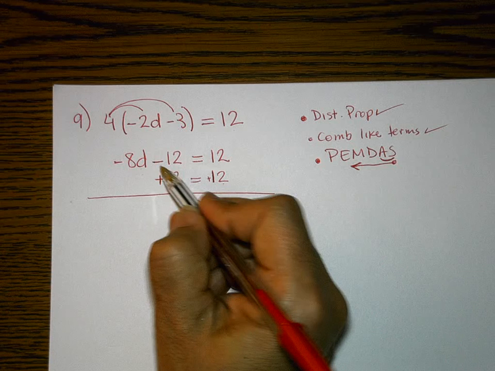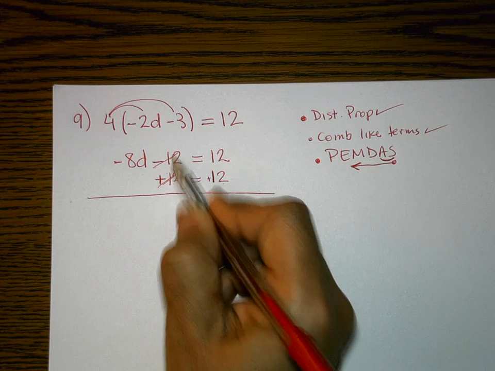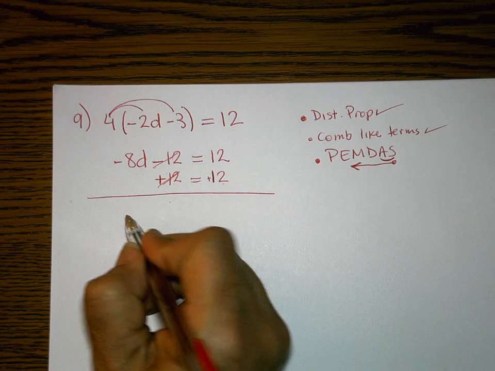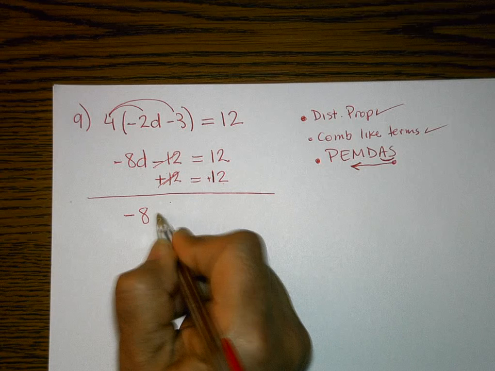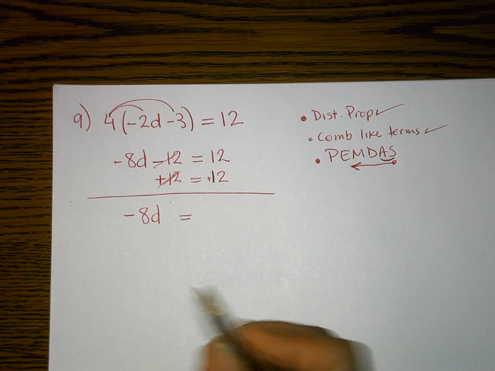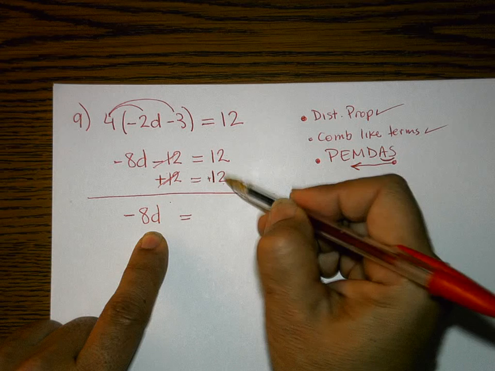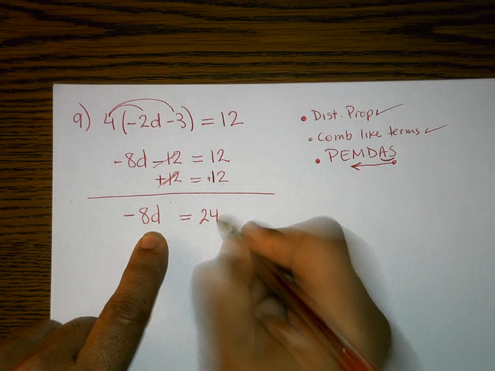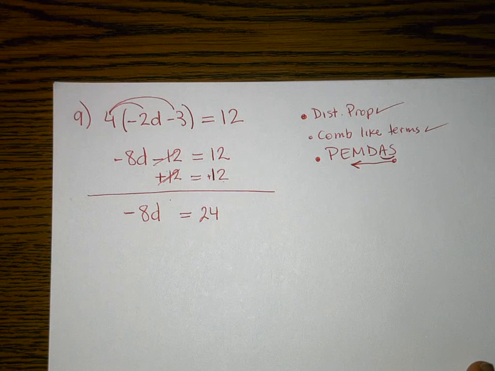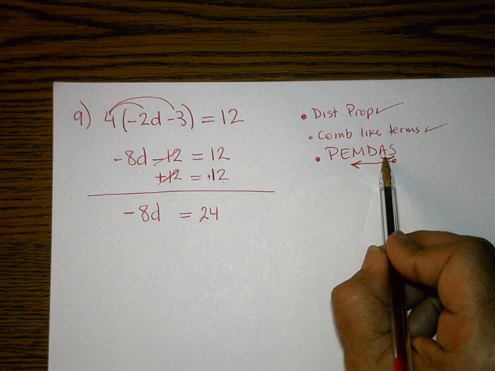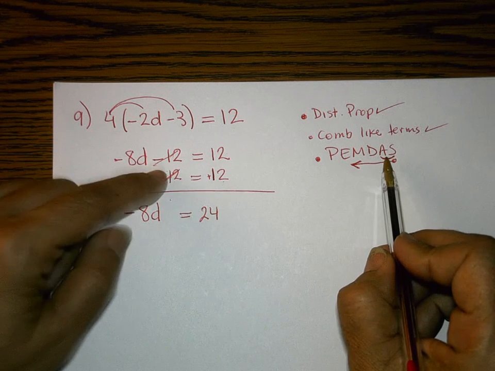Now this negative 12 with this positive 12 becomes 0. So I'm good here, and I got my negative 8D all by itself. I'm almost getting the D by itself. I'm almost there. 12 plus 12 is 24. Very nice. So we did addition and subtraction, either or. We got the 12 gone.